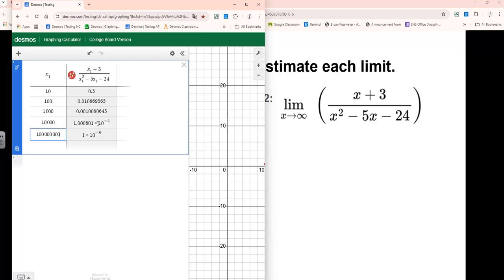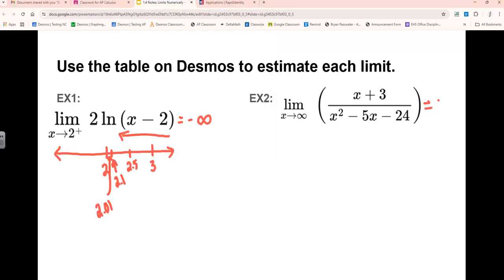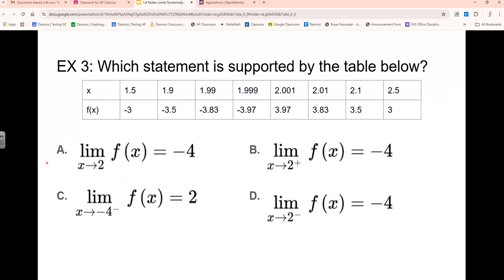So this looks like this probably approaches 0. Using a table to estimate is never a guarantee. The function could do something odd that you're not expecting, but it supports that answer there. Okay?